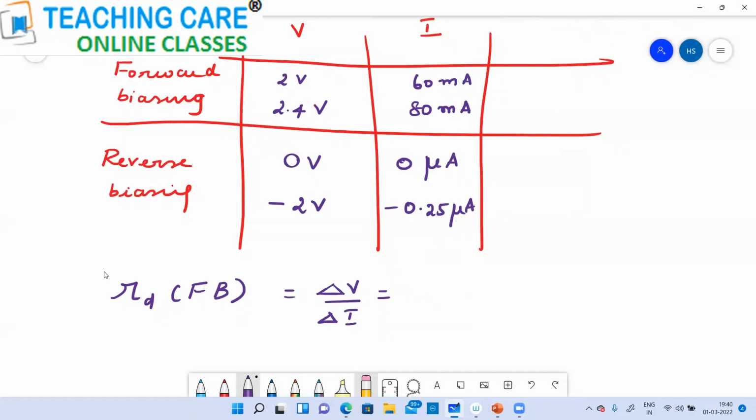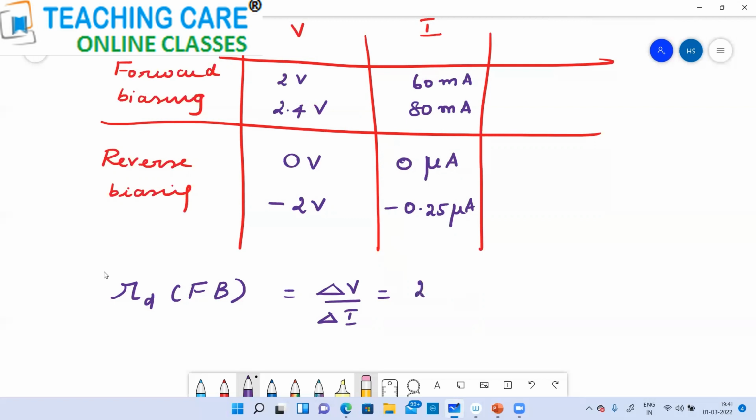Tell me the answer. Uh, 2 into 10 raised to the power minus 8 ohm for forward.